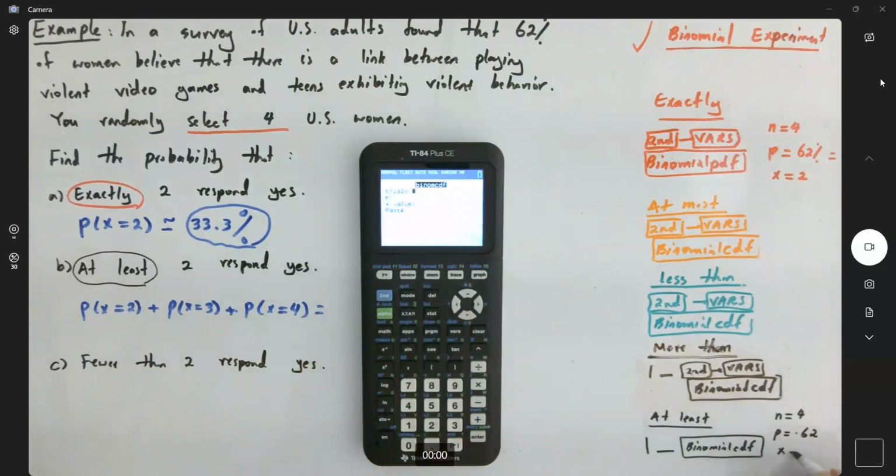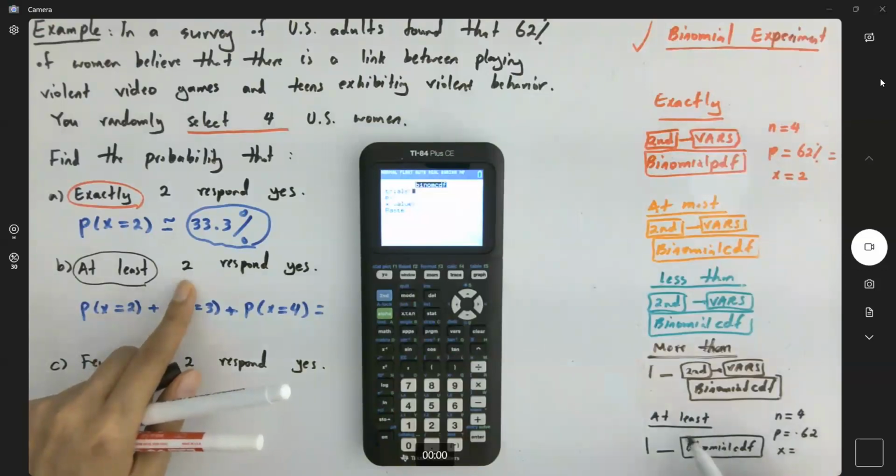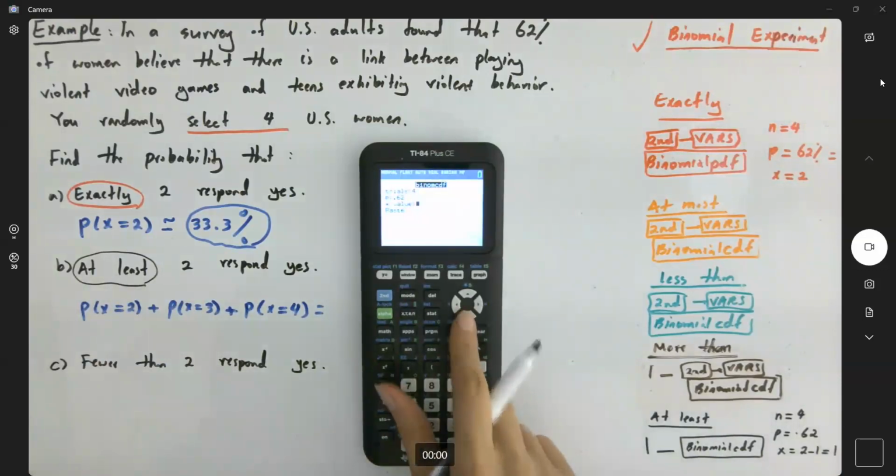And your x is going to be, well, it says 2, and it says at least, so it's going to be 2 minus 1, which is 1. So 4, 0.62, and 1.